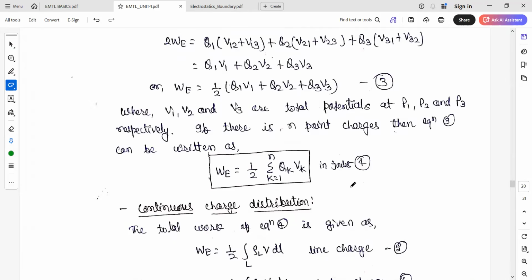So this is about the energy and charge density, the energy density in an electrostatic field.